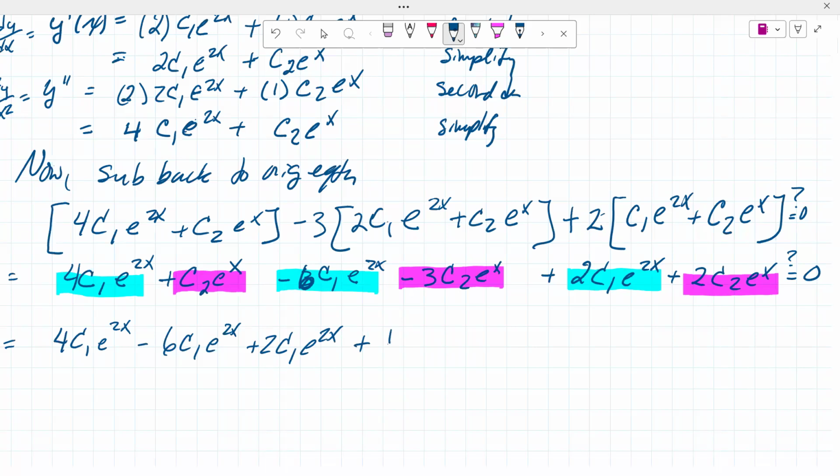So we've got c2 e to the x from here, minus 3c2 e to the x, good. Plus 2c2 e to the x equals question mark 0. Does it equal? All right, so we're going to go back over to here.